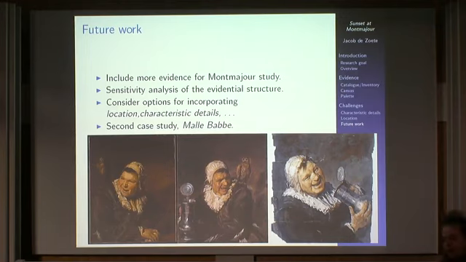I think that is in a way similar to people that are experts in fingerprints. You see two fingerprints, you say, oh, obviously another one, and they say, well, this is the same. You have to extract what they use in order to make this very strong argument regarding whether something is made by Frans Hals or not.